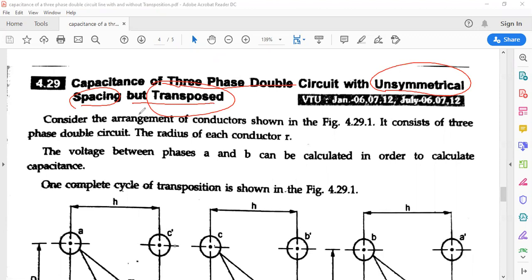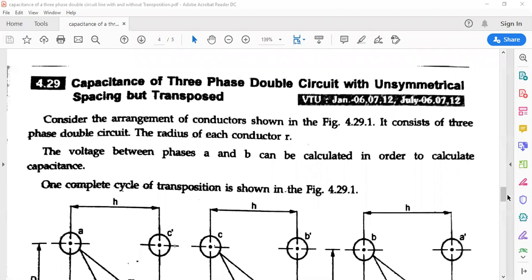Consider the arrangement of conductors as shown in the figure. You will have 3 conductors for each phase, a forward path and a return path. Now you will have one complete cycle of transposition of lines given there.